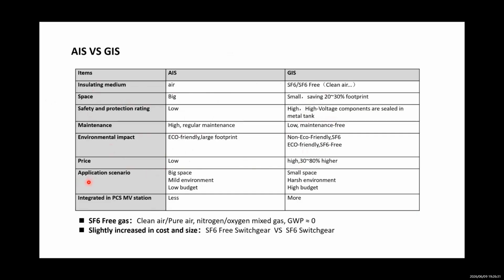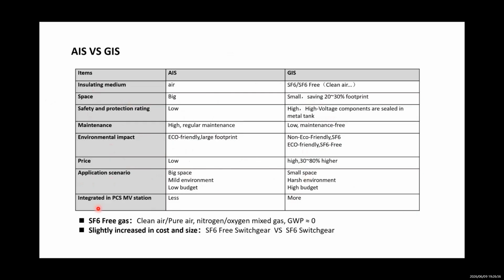And here are the typical application scenarios for AIS and GIS. AIS suits a bigger space, mild environment and low budget, while GIS suits compact or small space, harsh environment, and customers with a higher budget.